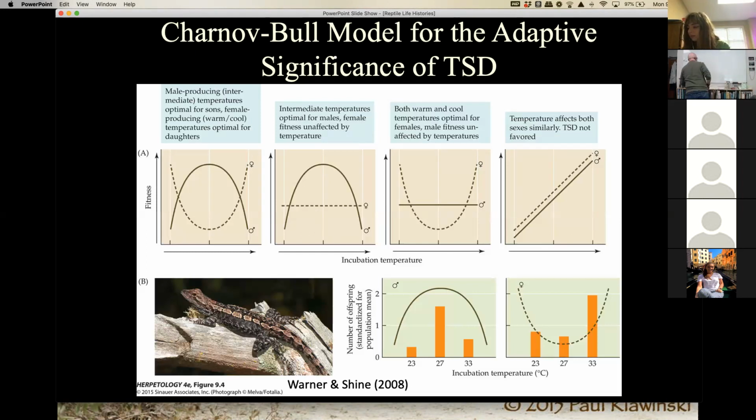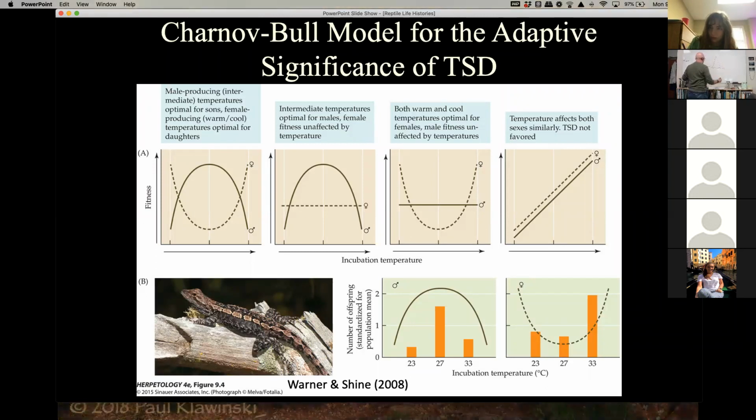So take an example where you have a turtle species that produces, if this is percent male, you have a turtle species that does this. If this is the incubation temperature, and you have this relatively narrow range of temperatures that produces males, well, you could incubate eggs down here at 27, and you could incubate eggs here up at 32.